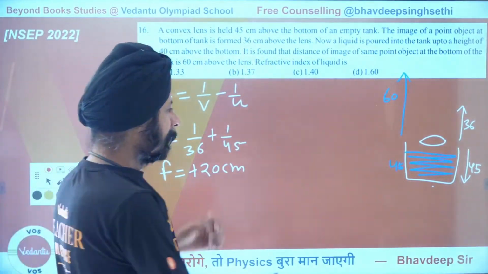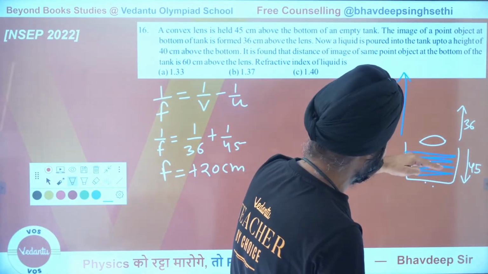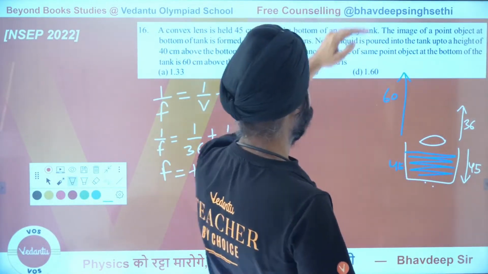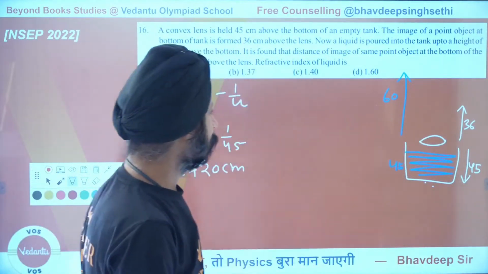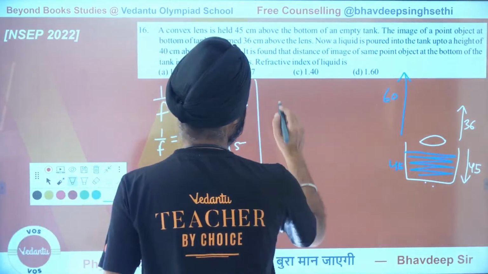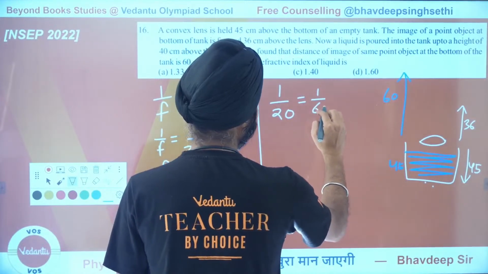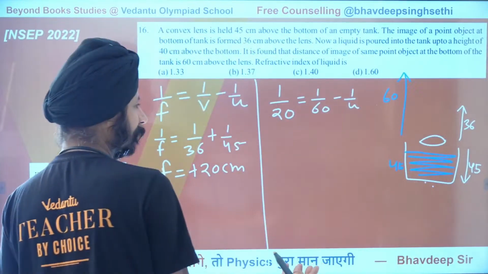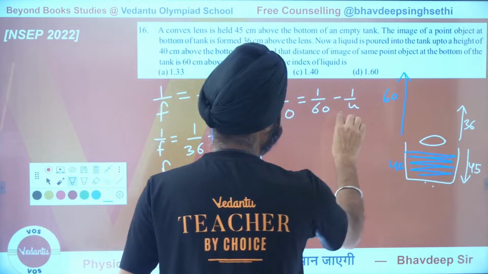Now, when you fill the water, it looks like the image virtually has risen up, and that's why the object virtually has risen up. So the image is going further. So first see where the object is visible to this lens. Lens is making the image at 60 centimeters. That means 1 by 20 is equal to 1 by 60 minus 1 by u. I don't know where the lens is looking for the object, it's somewhere here, but that is given by this u.